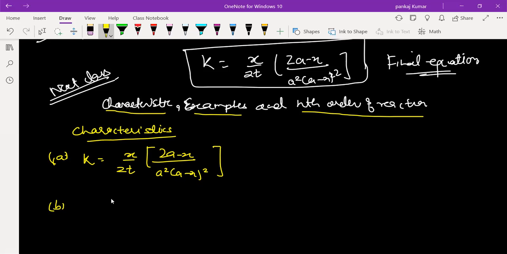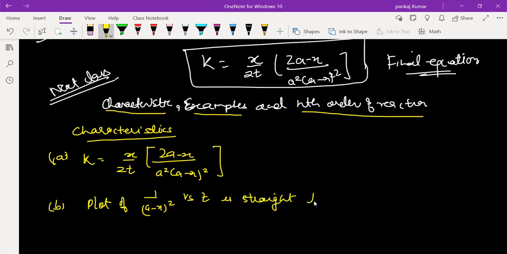Second, plot of 1 by a minus x whole square versus time is a straight line.